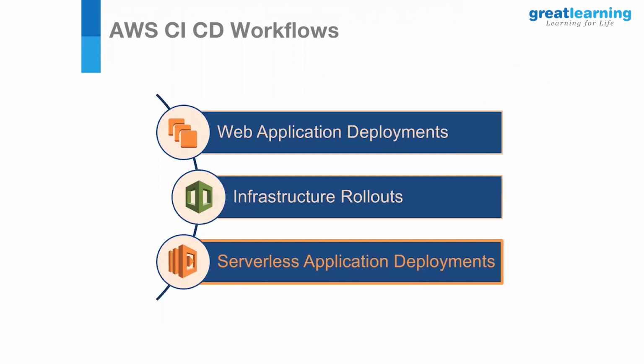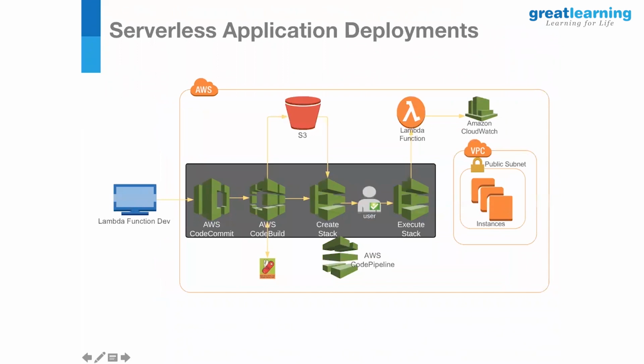So deploying a Lambda function or functions along with all of the associated resources as a bundle is termed a serverless deployment. With this little introduction, let's look into the serverless application deployment workflow here.